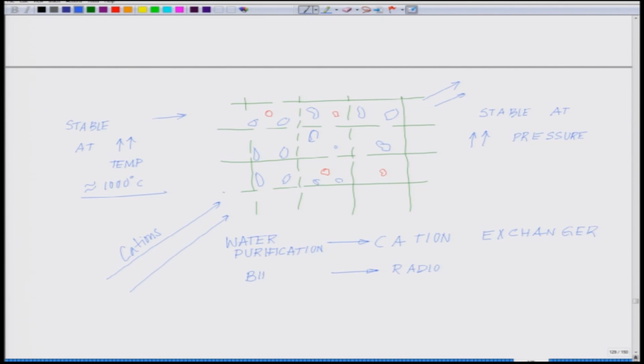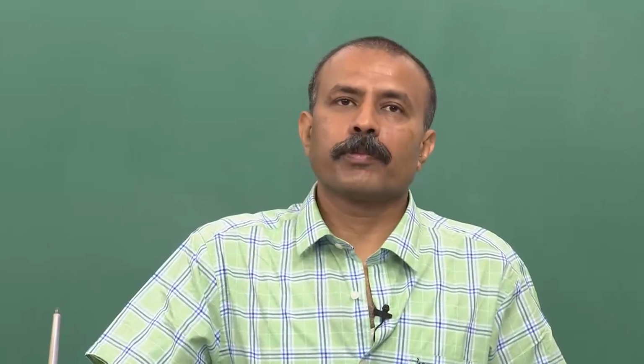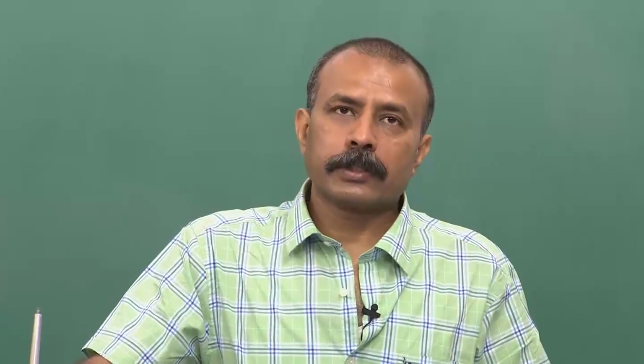Binds to radioactive materials. As a matter of fact, you will be surprised to know, all of you have heard about the Fukushima disaster in Japan, the leakage in the nuclear power plant.